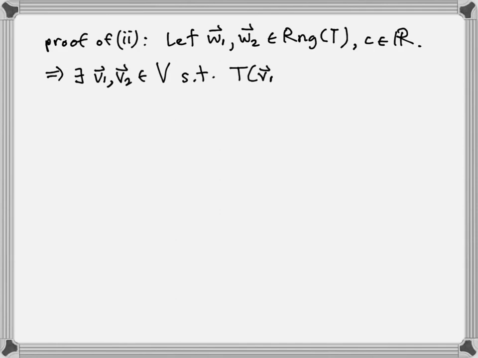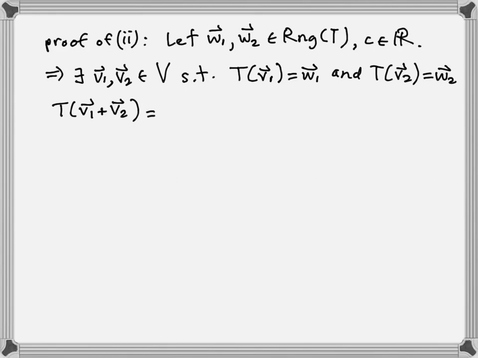T of V1 is equal to W1 and T of V2 is equal to W2. So what is T of V1 plus V2? Well, this is equal by linearity to T of V1 plus T of V2, which is equal to W1 plus W2.